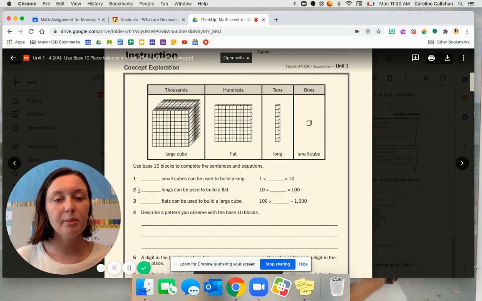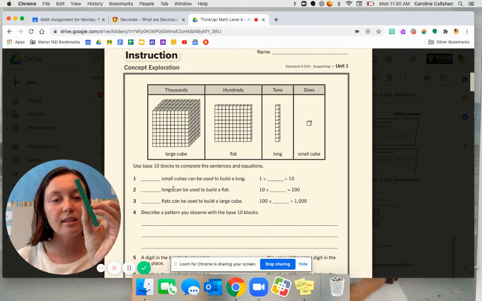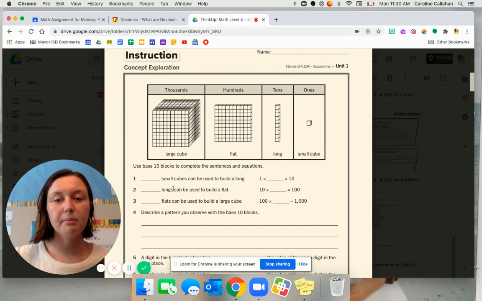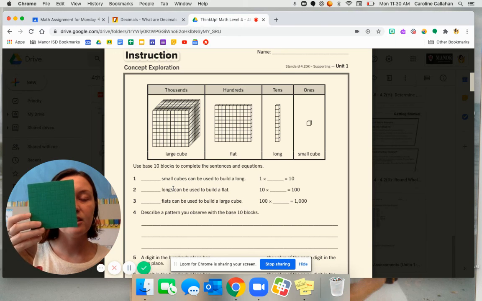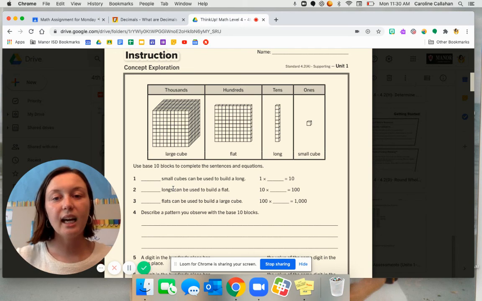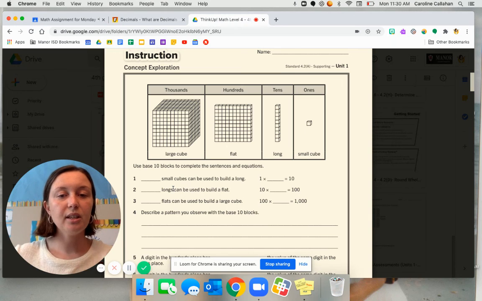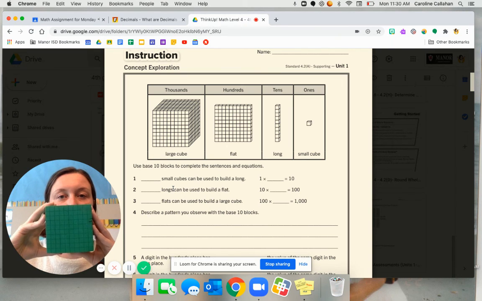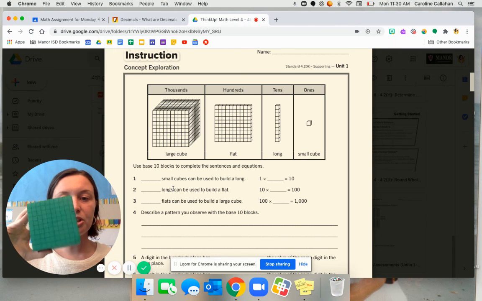Number 2 says blank longs can be used to build a flat. So 10 times how many of them equals 100. The third one is blank flats can be used to build a large cube. How many flats are in one large cube?